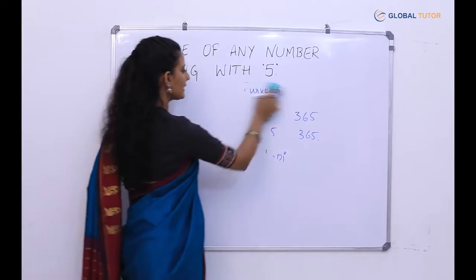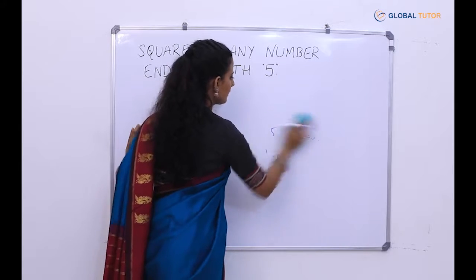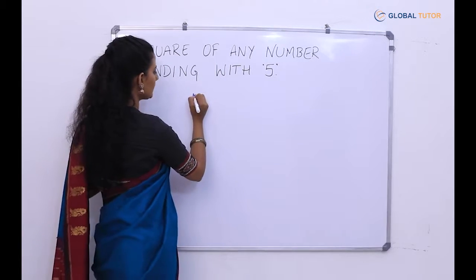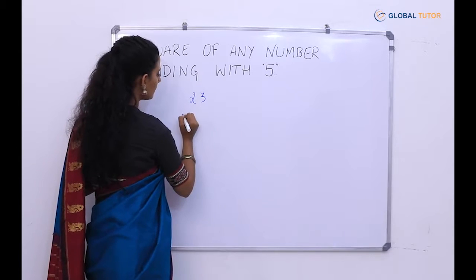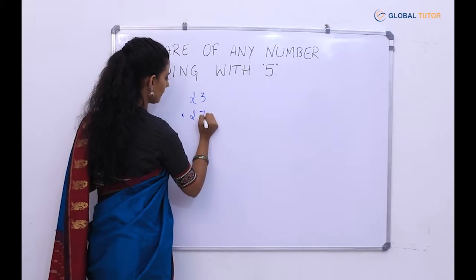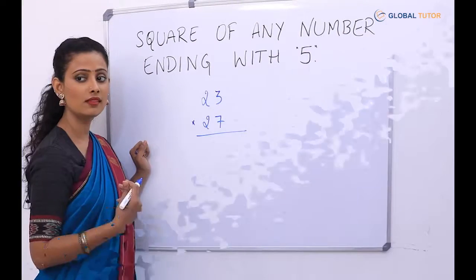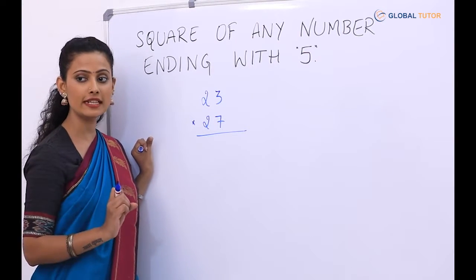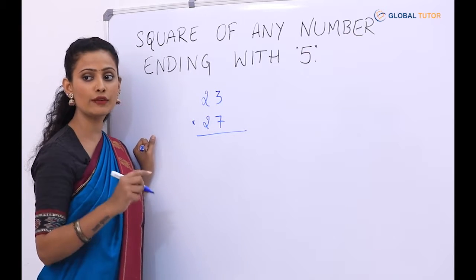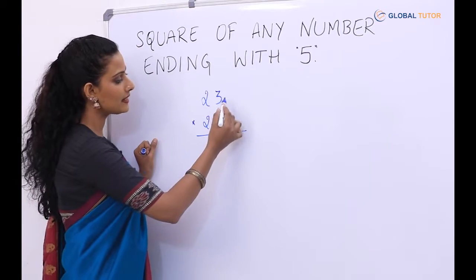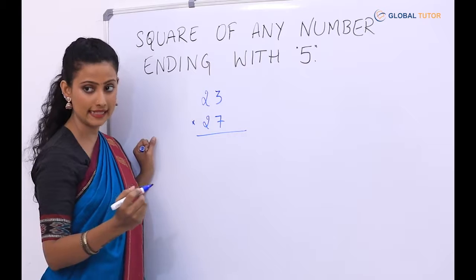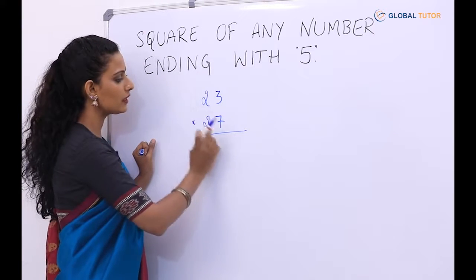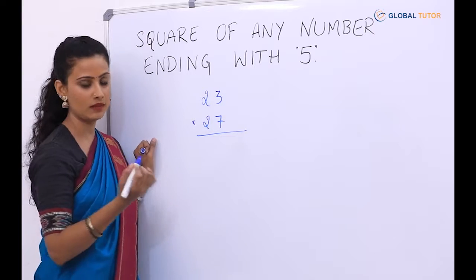Now let us see some examples and see how we can solve this. The first example can be 23 into 27. To solve this, there are 3 steps. What is the first step? The first step is you have to check if the sum of the unit numbers is 10 and the previous numbers, or the rest of the numbers, are the same.